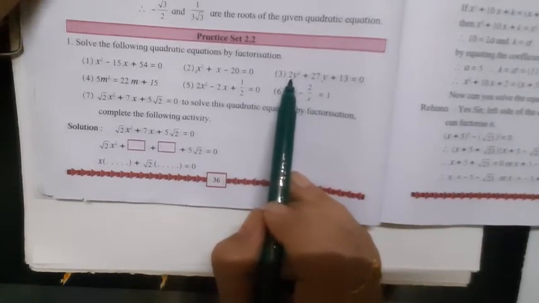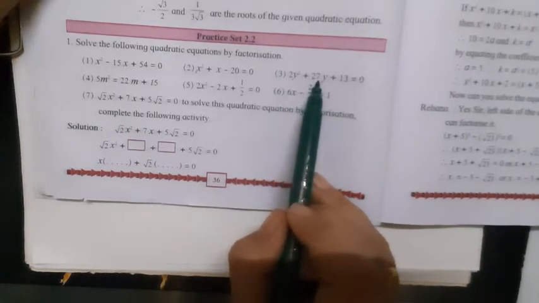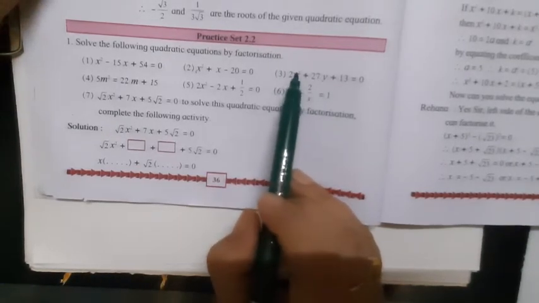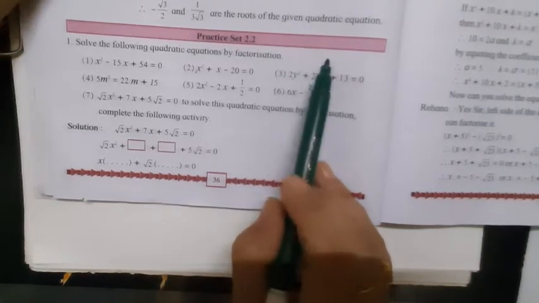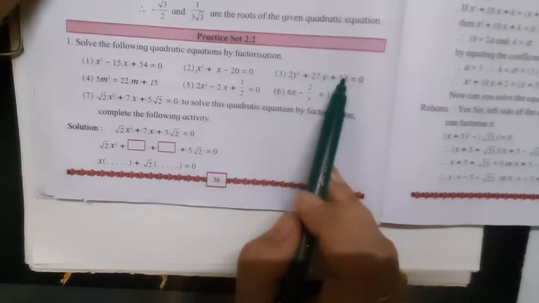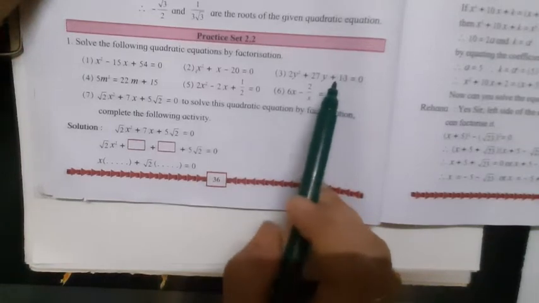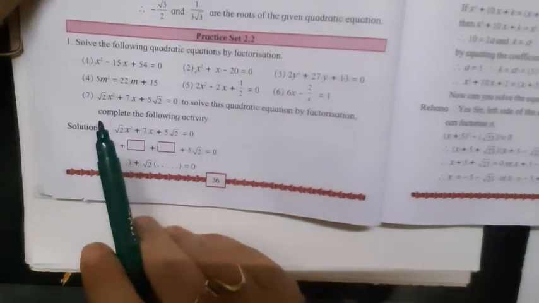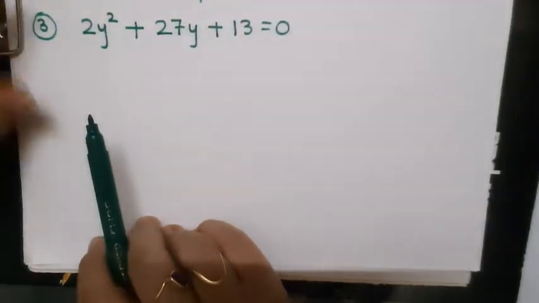It is something else. So if the value of a is not 1, then how do we split the middle term? We have to multiply this a with the constant term, and then find the factors and split the middle term. Let us see question number 3.